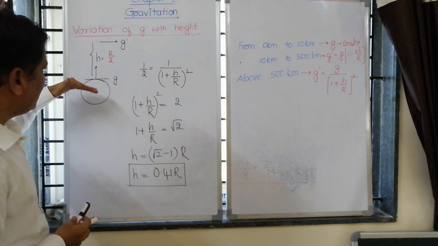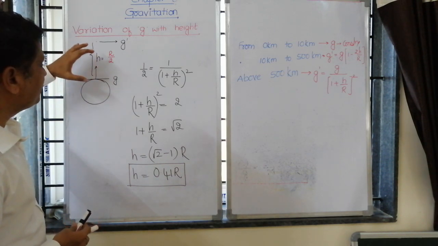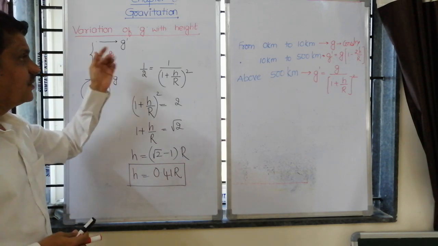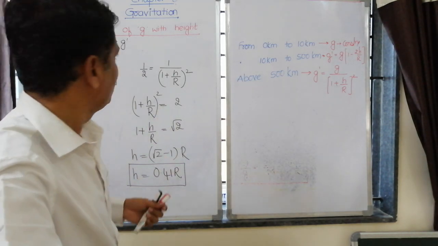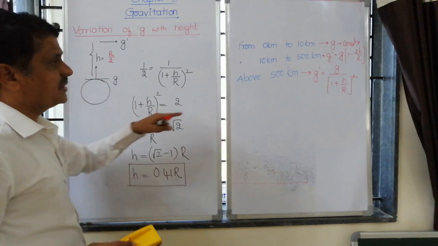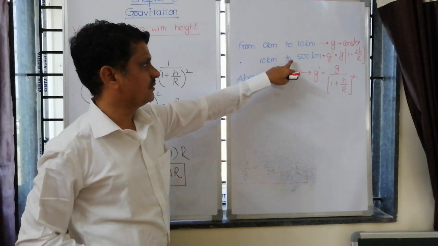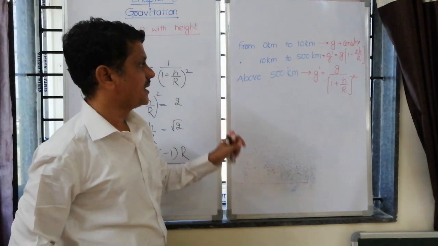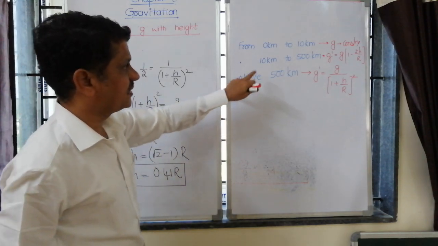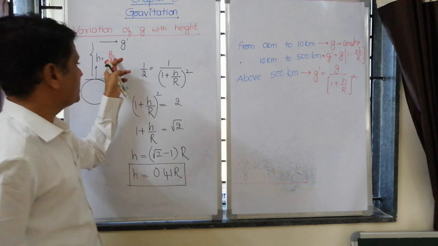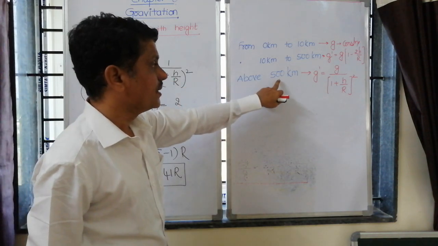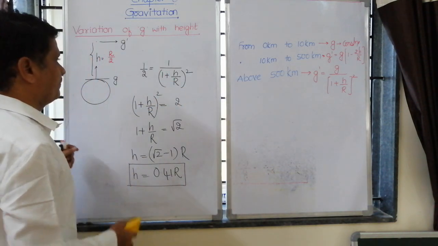That is, if height is equal to half of the radius of the earth, then what is the value of G is the question. Here also R by 2 means it's not small, it is large, because radius of the earth is 6,400 kilometer. Half means 3,200, means greater than 500.